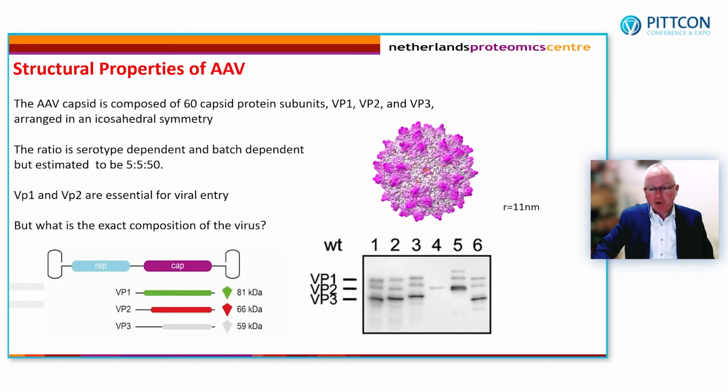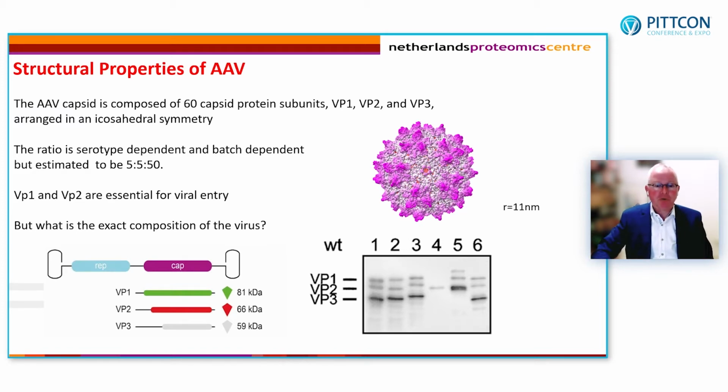Now, these AAV viruses are actually quite intriguing. They are quite small, and the viral particle, the capsid, is like a ball, and you see it over here. This capsid contains 60 subunits, and these 60 subunits make up this container.